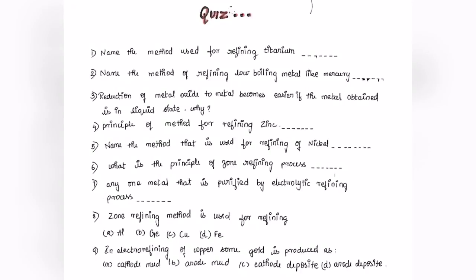Principle of method used for refining zinc. Fifth one. Name the method that is used for refining nickel. Sixth question. What is the principle of zone refining process?